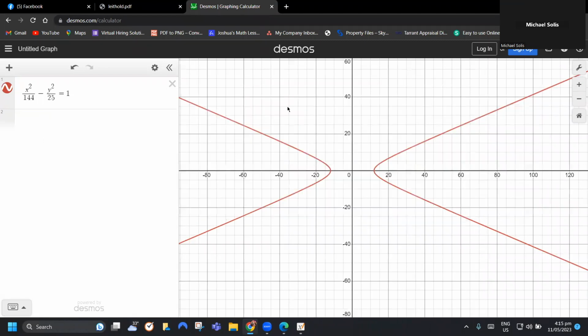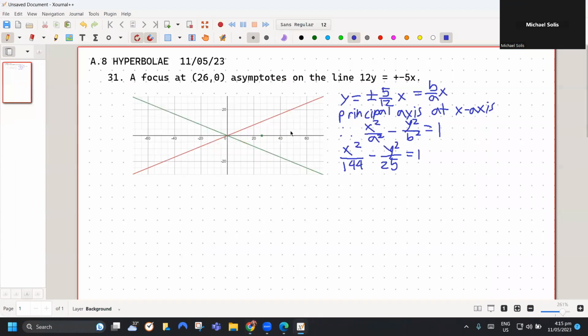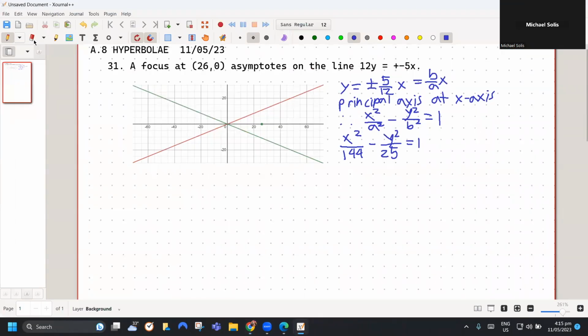So our conclusion is that we know that x is equal to plus or minus 12 over 5y.